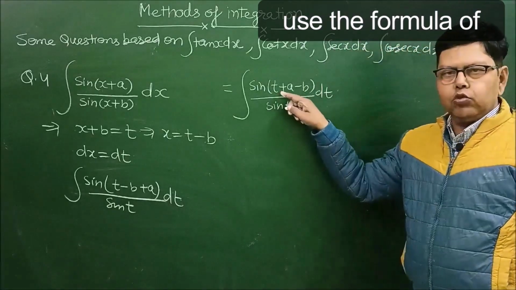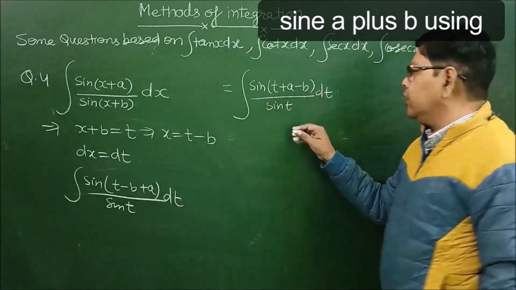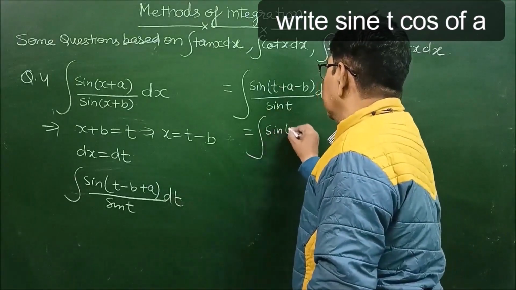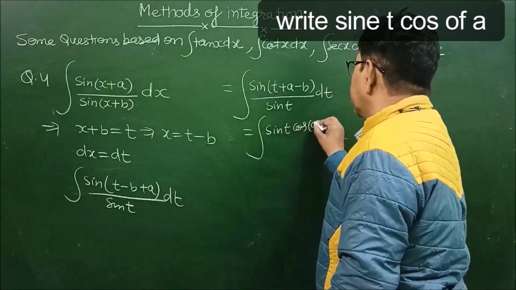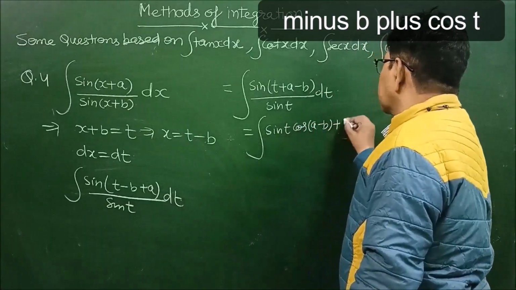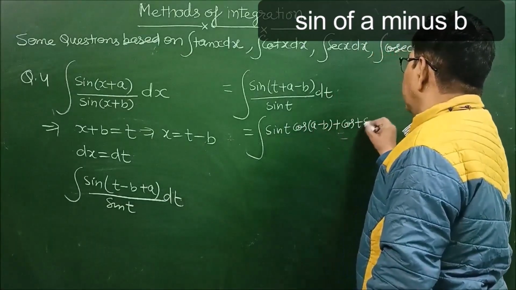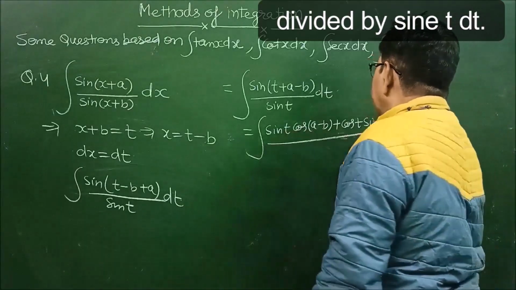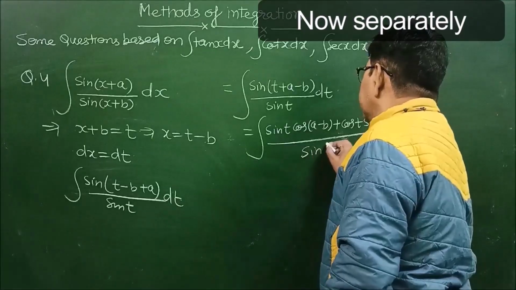And here we will use the formula of sin(a plus b). Using that formula, I can write sin t cos(a minus b) plus cos t sin(a minus b) divided by sin t dt.